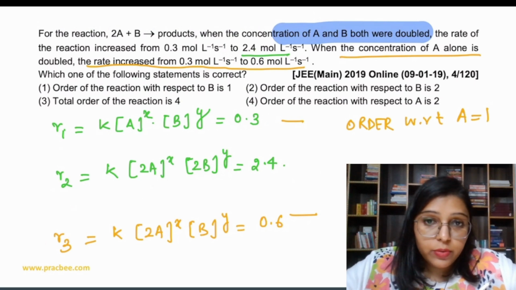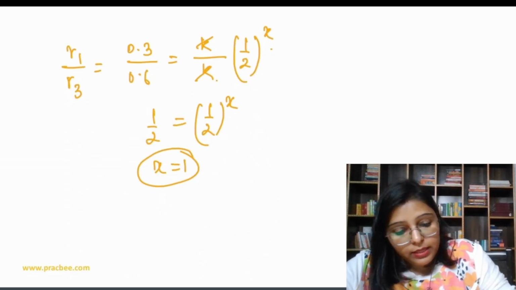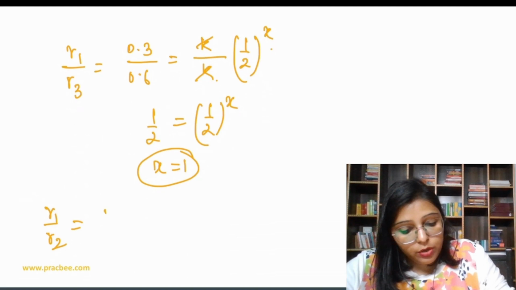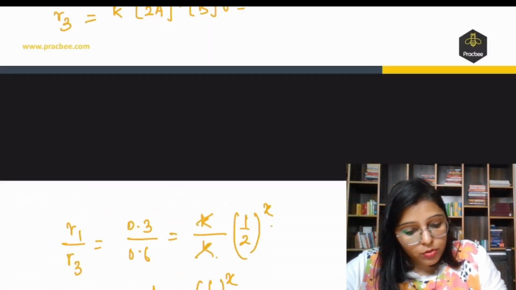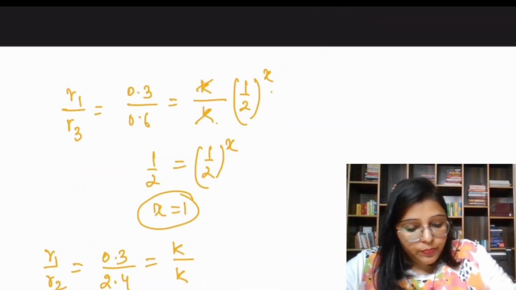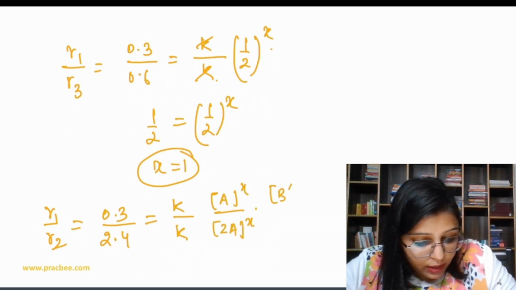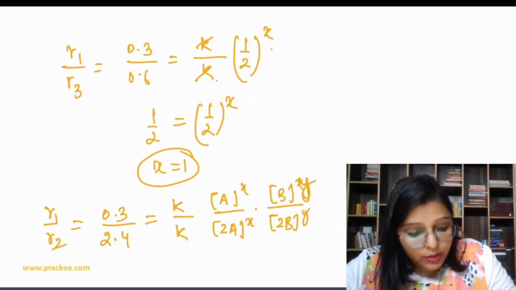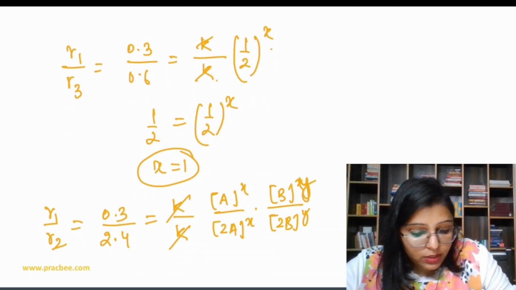Now in order to calculate B's order, what we can do, R1 upon R2. Let's take R1 upon R2, which is equal to 0.3 upon 2.4. So k upon k, so A upon 2A, okay, fine. A^x, (2A)^x, B^y, (2B)^y. Order with respect to B is y. So that is going to be 3 by 24.